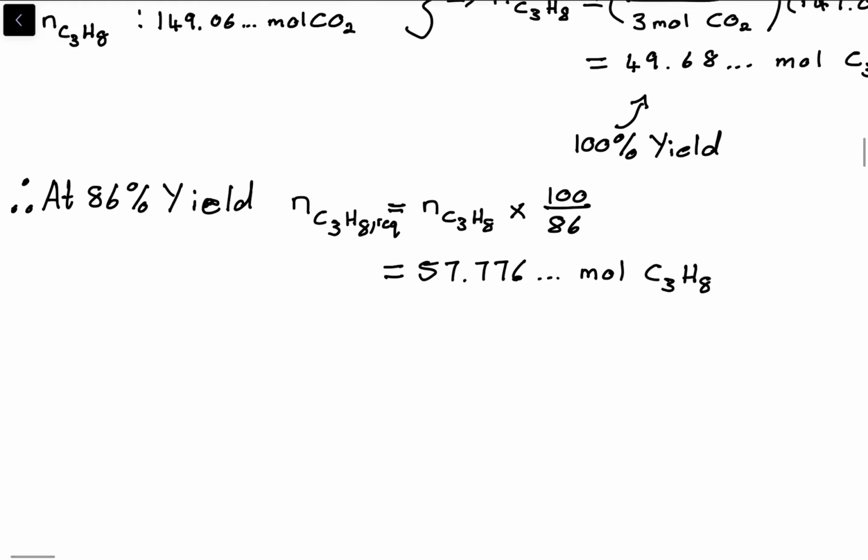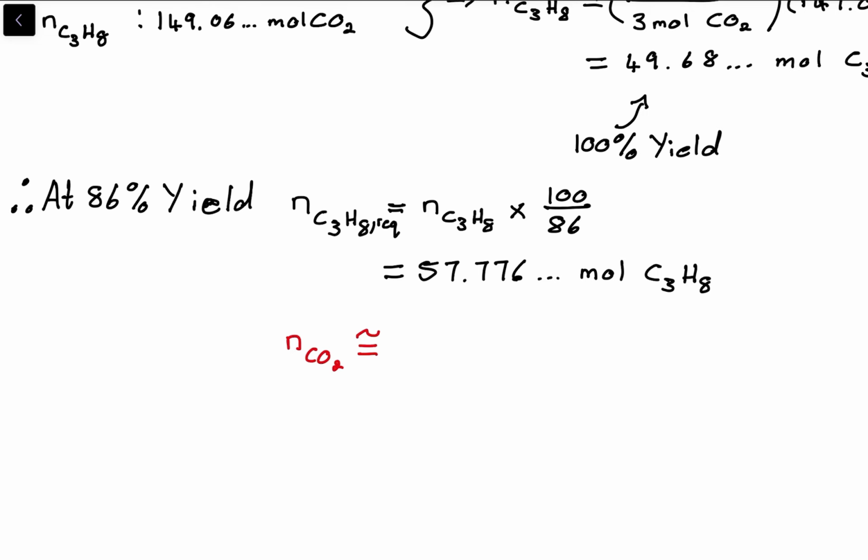Okay. So basically what this says, so let's do it the opposite way around. If you had 57 point something mole, how many moles CO2 would this produce? Right, so we produce 3 times that. 3 times that is roughly 58, so that's 150 plus 24.